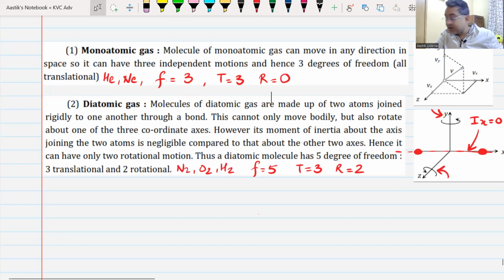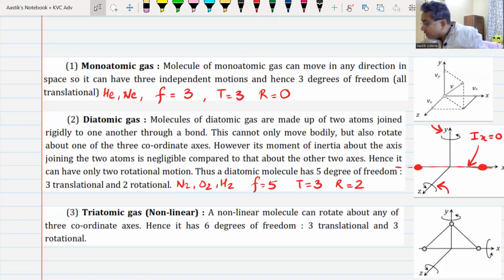Triatomic non-linear gases, how many degrees of freedom will it have? It will have 6 degrees of freedom. You can see the molecule is here. It can rotate on the x-axis. It will have moment of inertia. The molecule is like this. It is triatomic. You can find the moment of inertia about the x-axis, the y-axis as well as the z-axis.